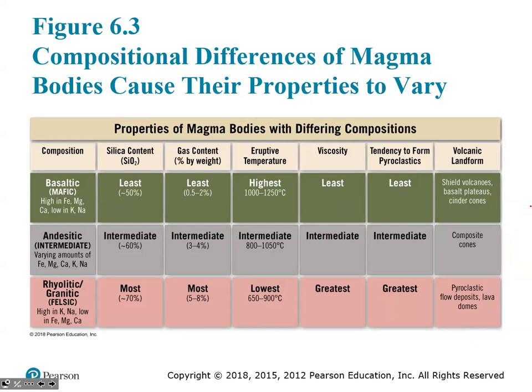These are the tallest and steepest volcanoes because they'll alternate between generating lots of ash and particles, which can build up steep walls, a steep mountainside, and magma, which will basically glue it in place, and lava, which will basically glue that into place, allowing it to build the tallest and steepest of volcanoes.